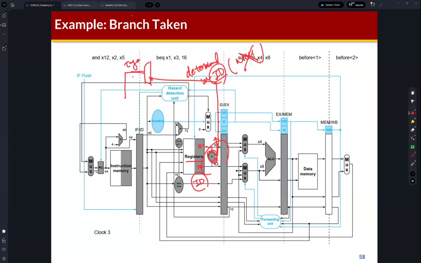The target of a branch is just given to the next PC of the PC register. And then at the next clock, this PC can be updated, right? Then the next instruction can be fetched. So when the branch is taken, the instruction in instruction fetch is just cancelled. We can cancel just one instruction. Okay? Do you understand?